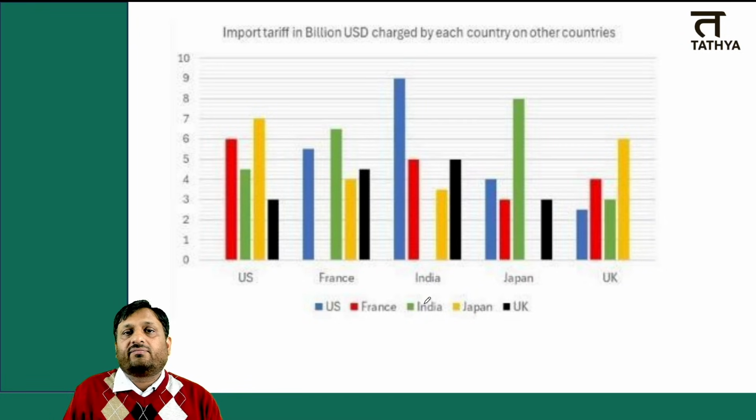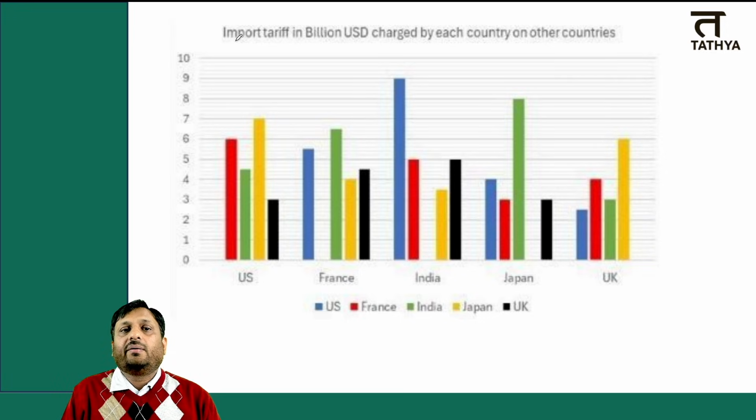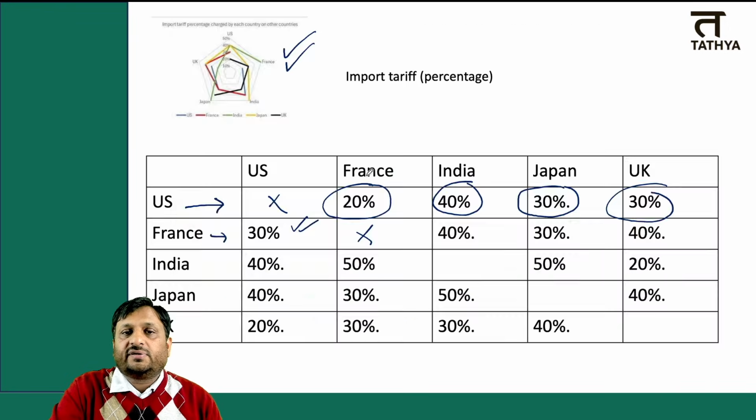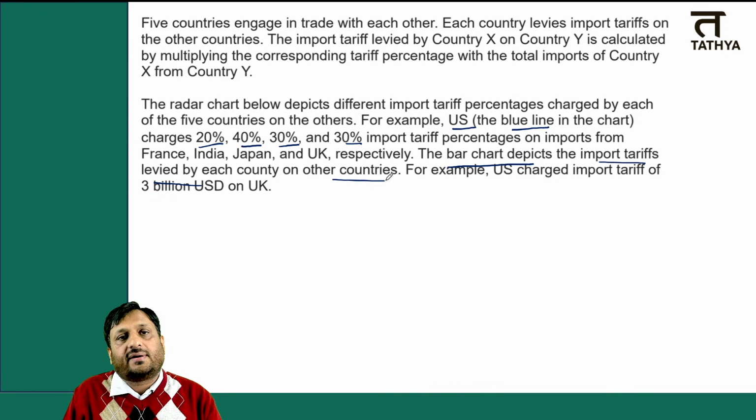Now, a bar graph is also given to you, but this bar graph shows the import tariff in billion USD charged by each country on each other country. Again, the basic information has helped us read it. The bar graph depicts the import tariff levied by each country on the other country.